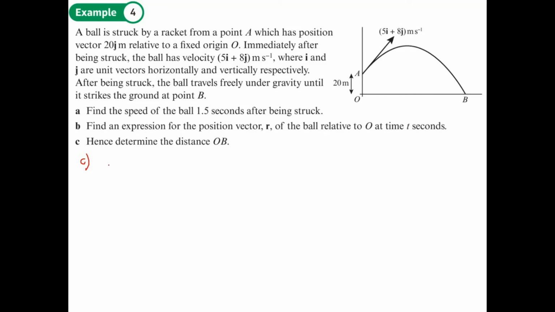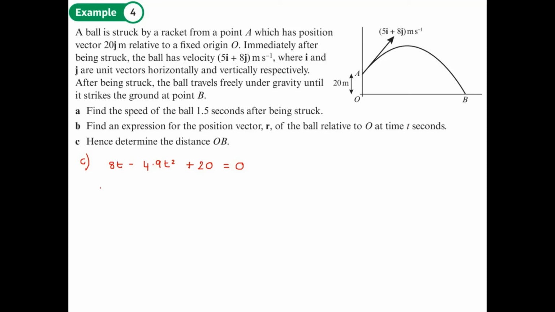Okay, so first thing we need to do, using our equation from the previous slide, we can say that we've got 8t minus 4.9t squared plus 20, and we can say that that equals 0. Okay, so we've got a nice quadratic.